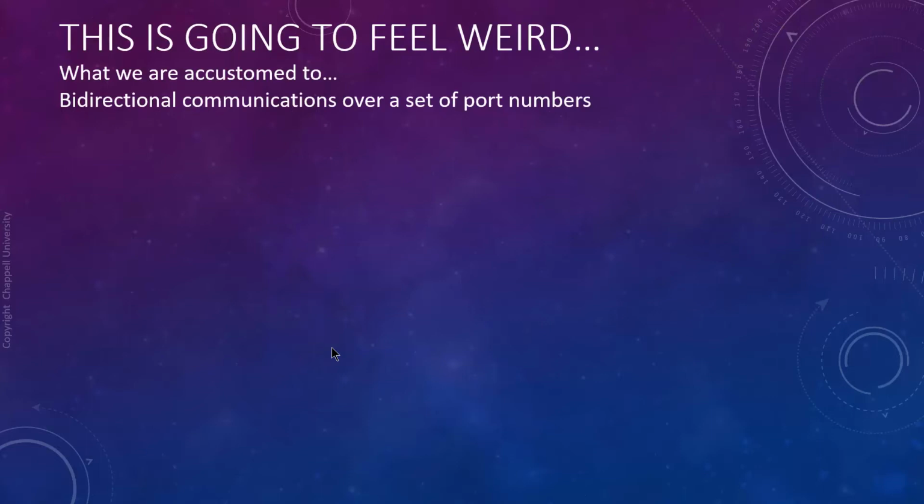This is going to feel weird when we start looking at this traffic, because you're going to see this unidirectional stuff, and we're so used to bidirectional communications over a single set of port numbers. So we're used to, especially in the Wireshark world, where we say, oh, add a stream column, or let's look at conversations.